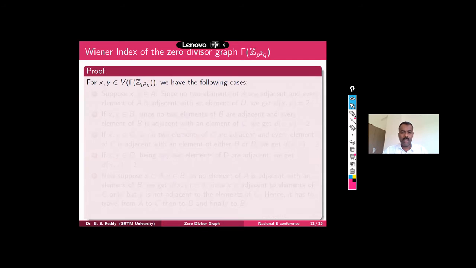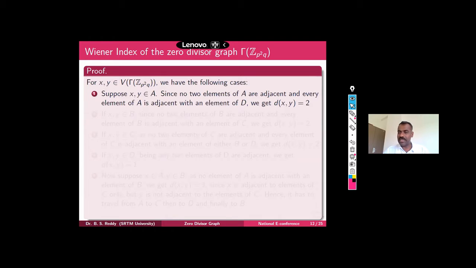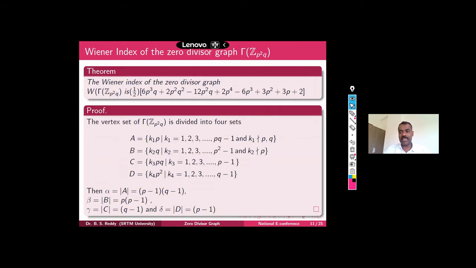If you just see 1 or 2 cases, if x and y are both in A, obviously no 2 elements are adjacent because they are only multiples of p. So you get distance 2, because you have to travel at least to the other one, which is nothing but D. If you take the help of D, you can see that D is the multiples of p square.